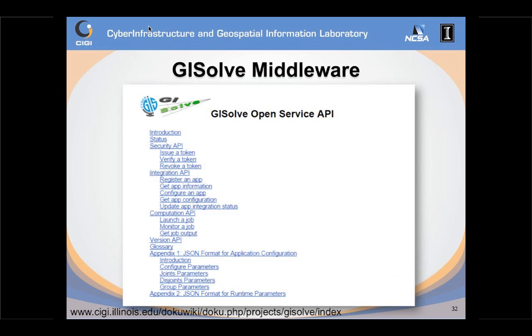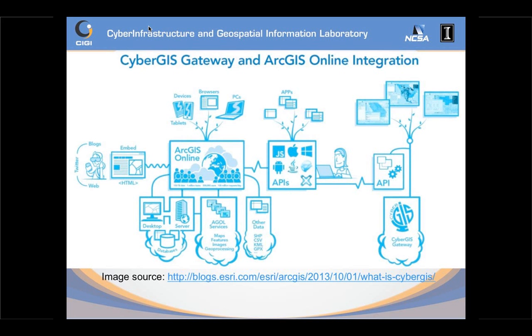And this is the global distribution of the users CyberGIS Gateway currently has. So you see it's across all the continents where people live, and primarily this is still in the U.S. and some users coming from Europe and China, and a little bit from Australia and even, I think, Africa, South Africa primarily.